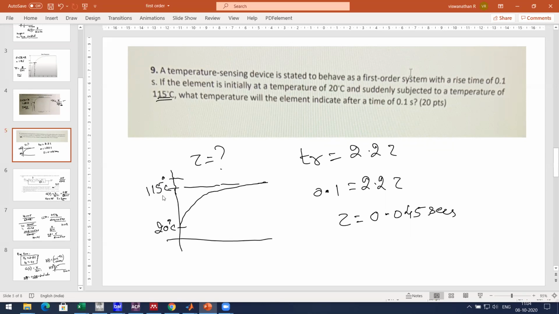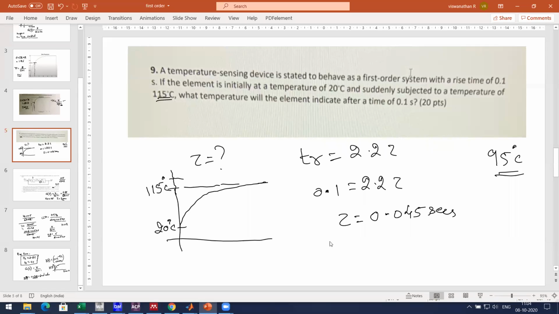So what is the total increase? 95 degrees centigrade, which is 115 minus 20. Okay, so 95 degrees centigrade is the total value. Now, what temperature will the element indicate after a time of 0.1 seconds?